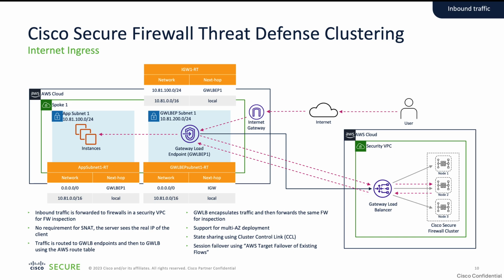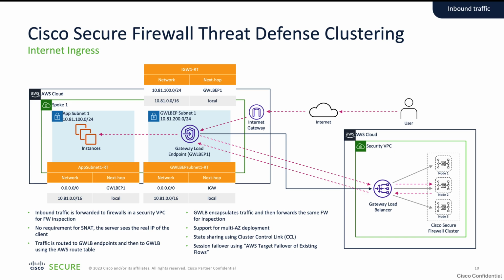So if you focus on the traffic flow here, when the traffic comes from the user on the internet to one of the instances in your application VPC or spoke VPC, it will hit the internet gateway first, and then from the internet gateway it will go to the gateway load balancer endpoint. The endpoint will then send the traffic to the gateway load balancer, and the gateway load balancer forwards it to one of the firewall nodes in the cluster.